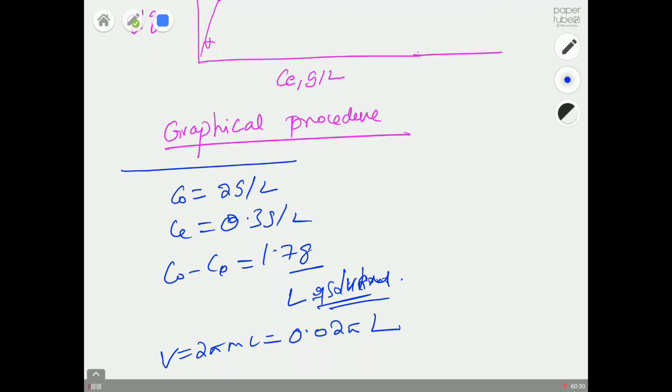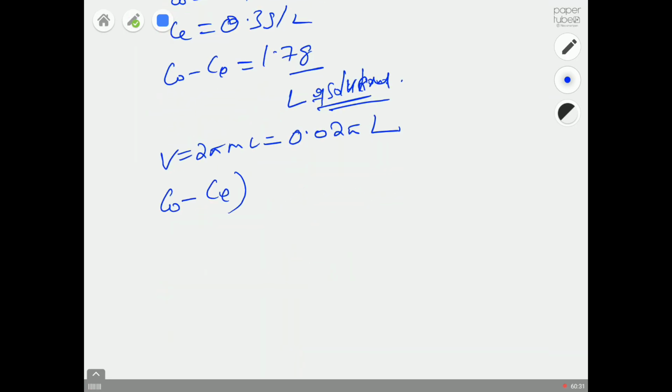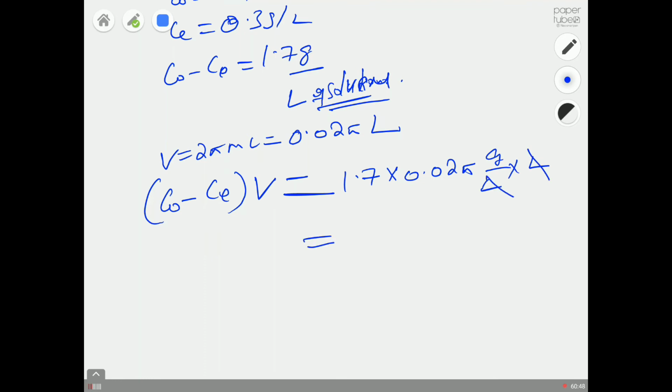So if you multiply C0 minus CE by V, that is 1.7 multiplied by 0.025, grams per liter times liter, so liter gets cancelled.